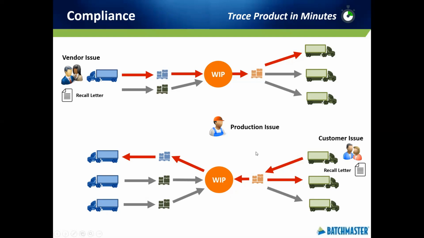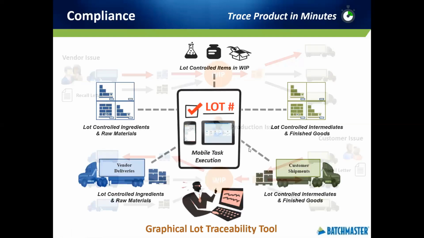Now, anywhere within this, if we have a production issue, we can use this graphical tool that we're going to show you to look in a bi-directional way, as well as dive down deep into the quality control tests that were done through this whole entire process.